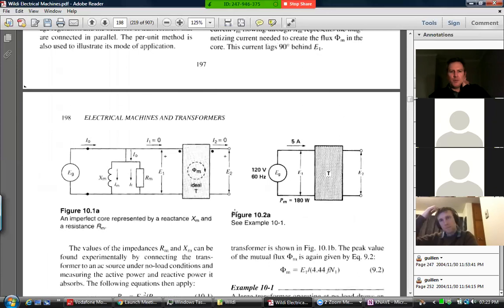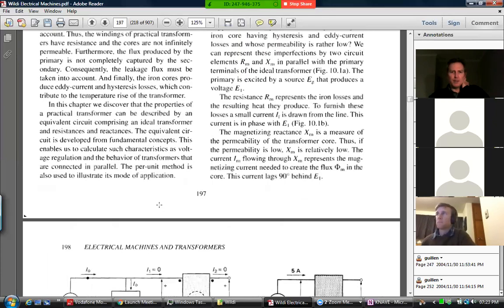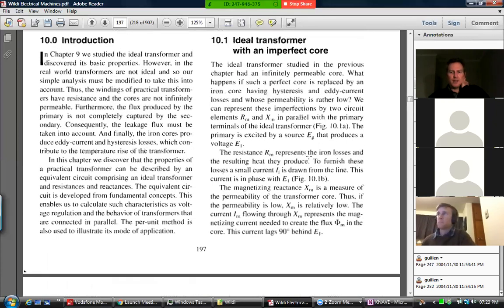So we're doing pretty well for time. Okay, let me try and highlight the important parts. In the real transformer, we don't have a perfectly permeable core. In other words, we can't take a tiny current to get a nice flux going because it's a real iron core.